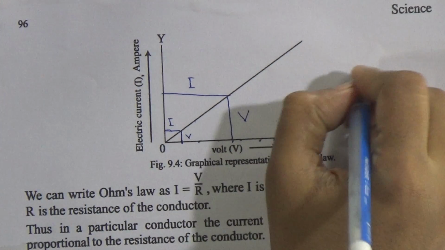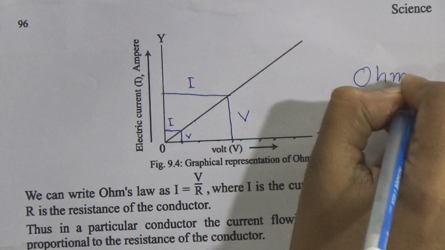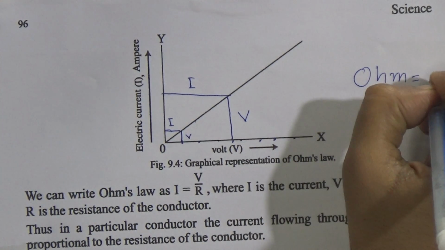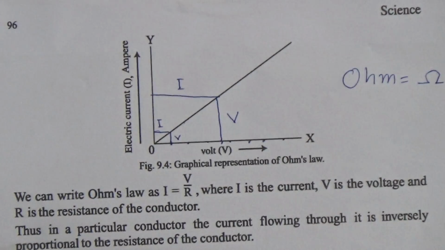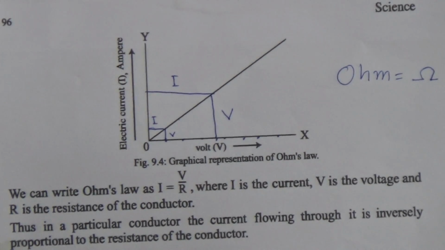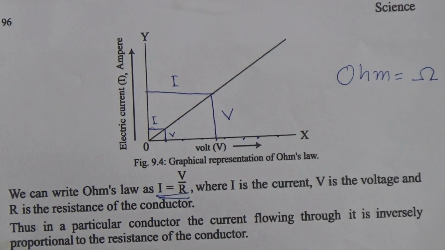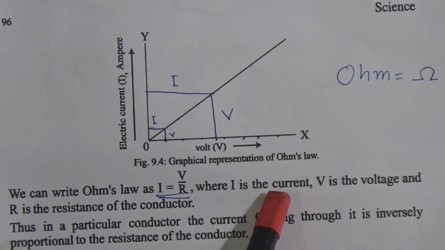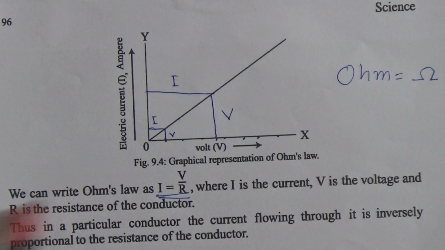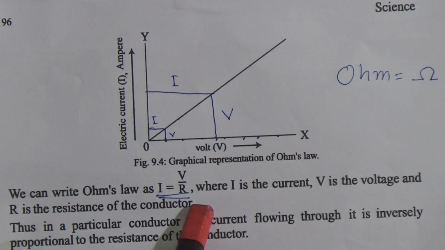Ohm is expressed with this sign. This equation is very important for you because you will get mathematical problems using this equation, where I is current, V is voltage, and R is the resistance of the conductor.